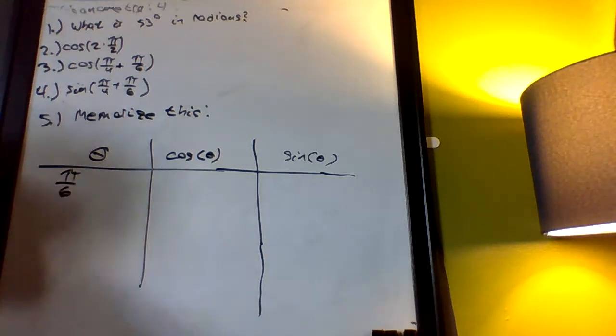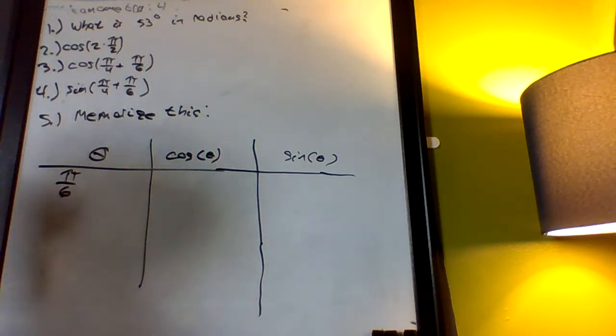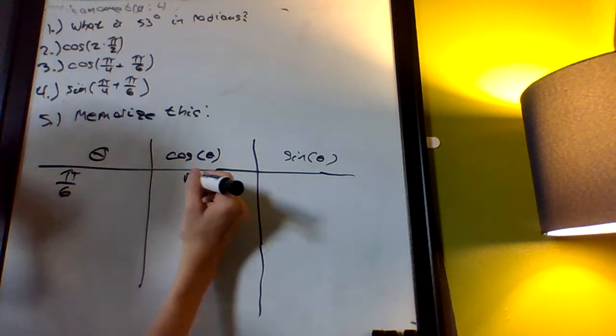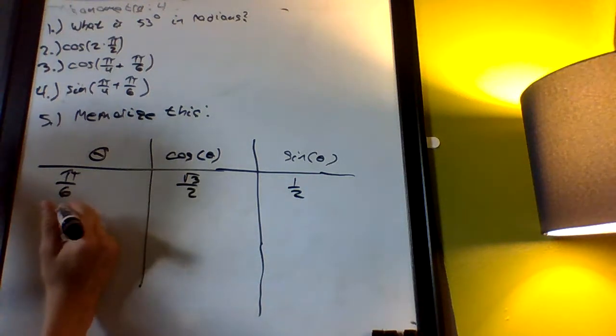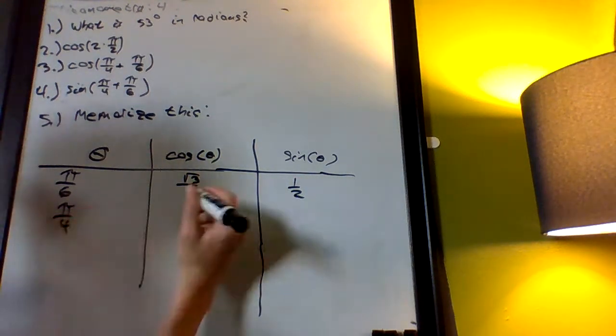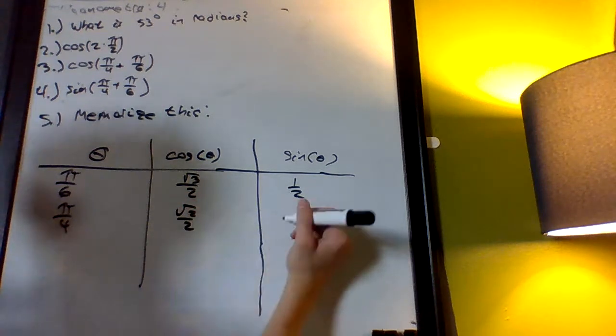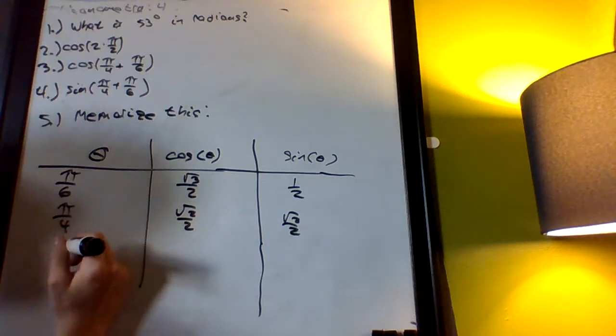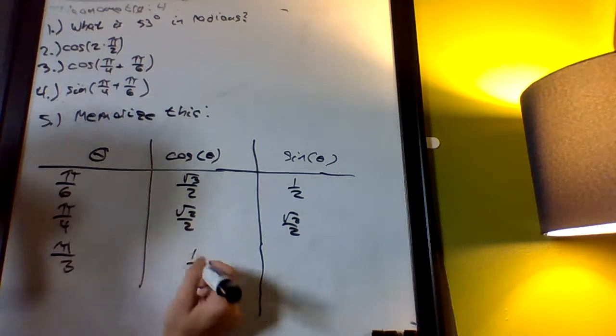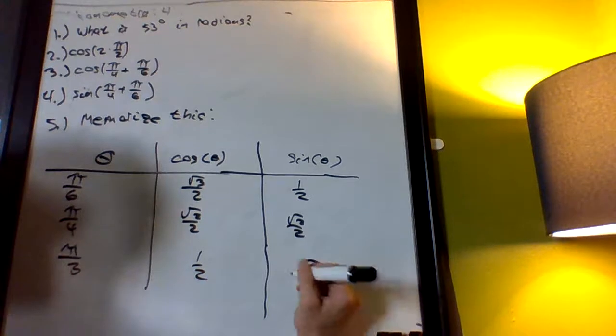Pi on 6 corresponds with square root of 3 on 2 and 1/2. Pi on 4 is square root of 2 on 2 and square root of 2 on 2. And pi on 3 should be 1/2 and square root of 3 on 2.